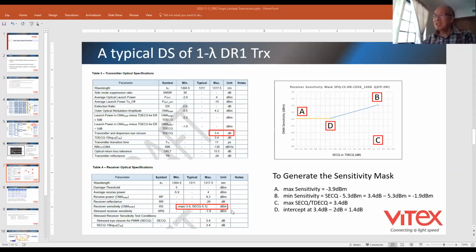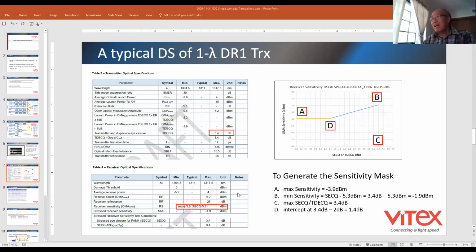Now I highlight the parameters which are very important in the sensitivity calculation. The first one we call TECQ. It's kind of equivalent to extinction ratio, but with PAM4, which has the outer and inner eye. And the second one is the equation. This equation is sometimes put in the notes, sometimes in the table itself.